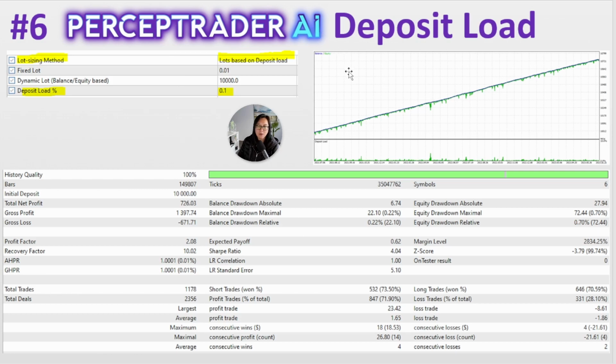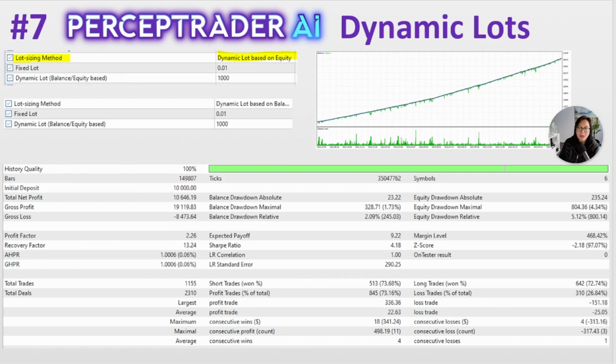But this is how you would control your risk if you wanted bigger risk or lower risk than the low, medium or high that's already provided. If you want your lot size to grow as your account balance grows, then you would use dynamic lot based on equity or dynamic lot based on balance. And you need 3 fields populated in order to make this work.